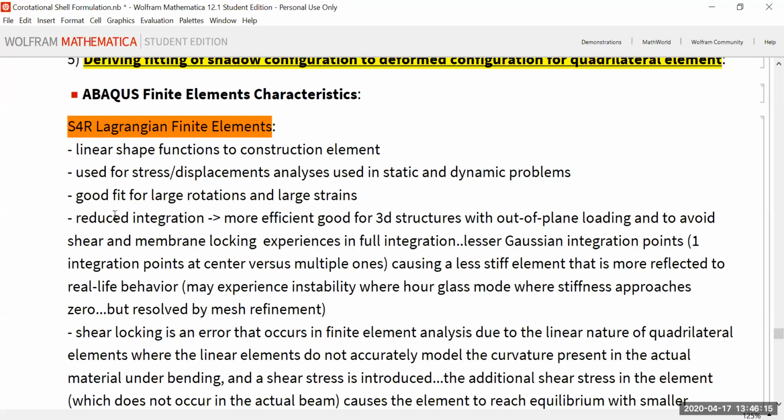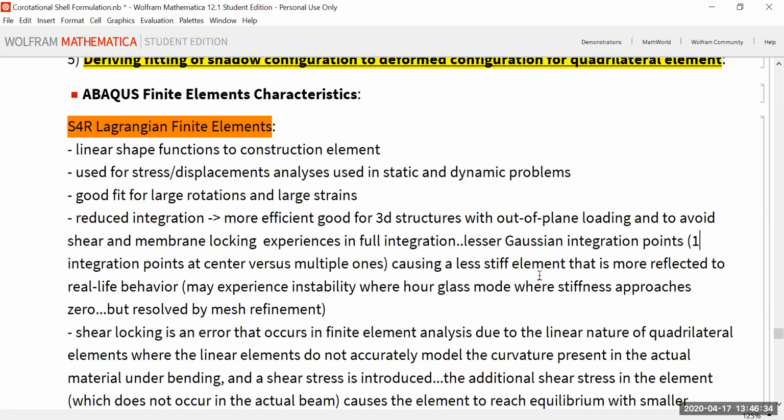And why we're using this reduced integration is to avoid shear and membrane locking. If you're using this, you're not going to experience it, because it is only associated with full integration. What this does is use fewer Gaussian integration points.